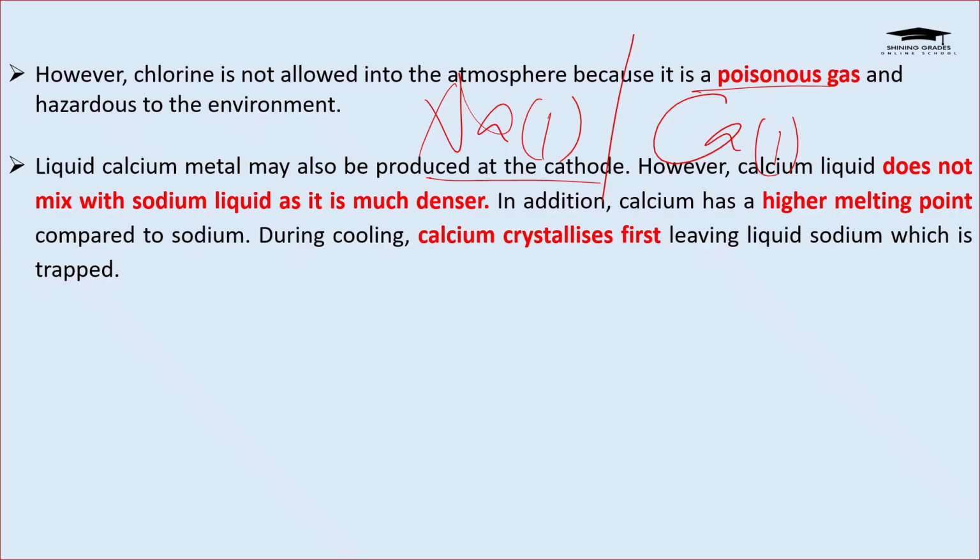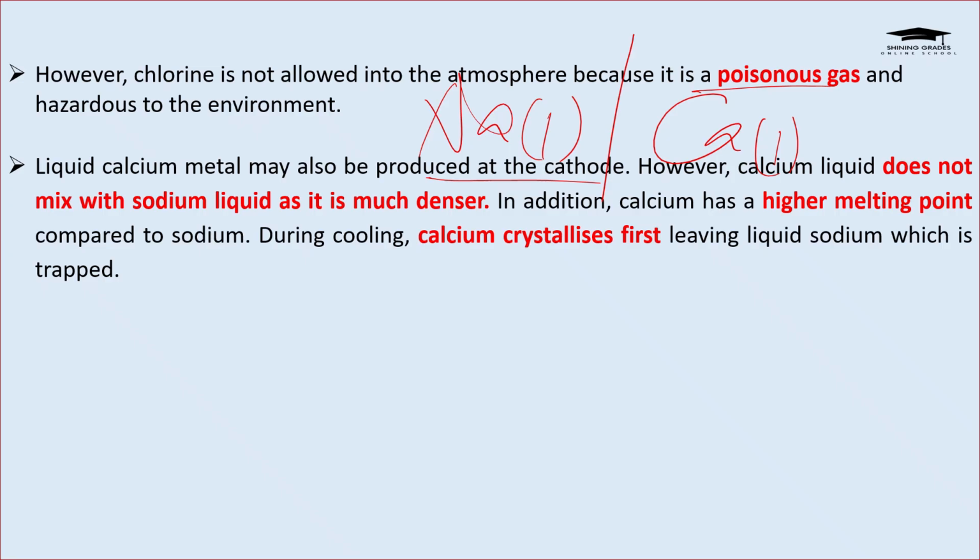However, calcium liquid does not mix with sodium liquid. This is because it is much denser than sodium metal, and that makes calcium remain at the bottom as sodium floats on top of this mixture.